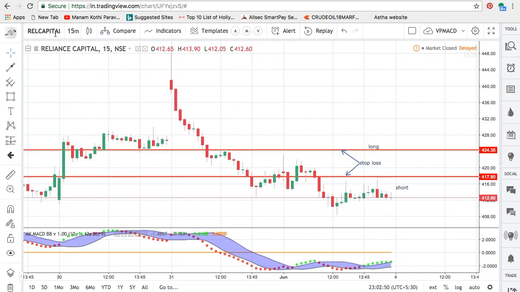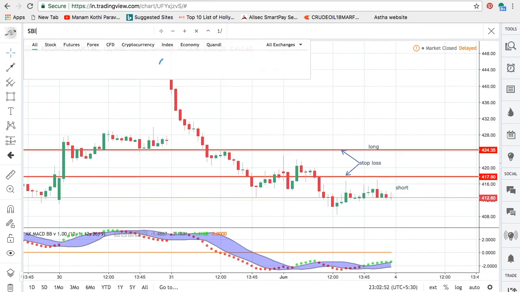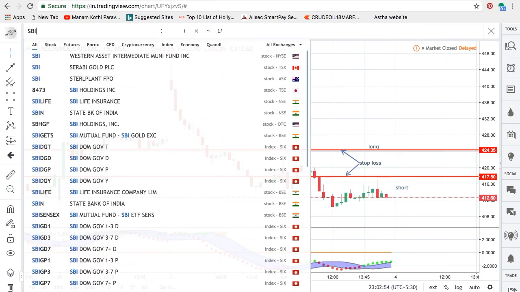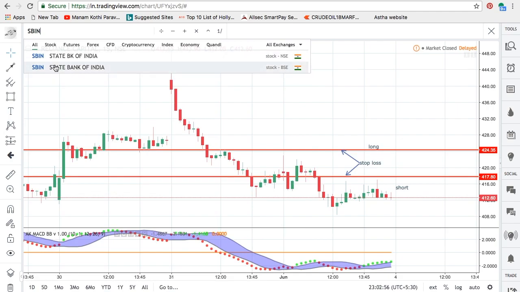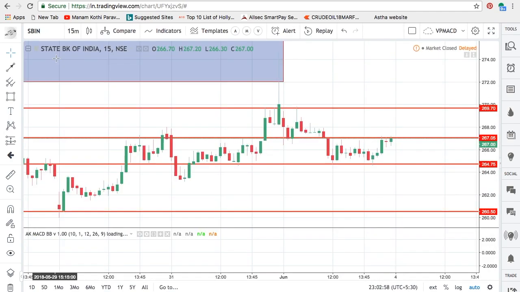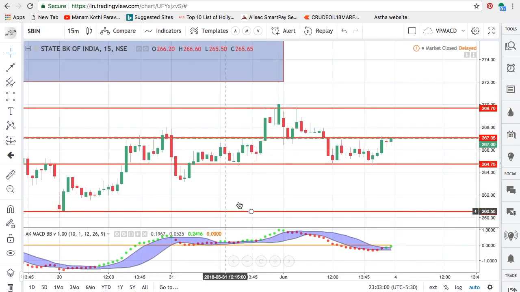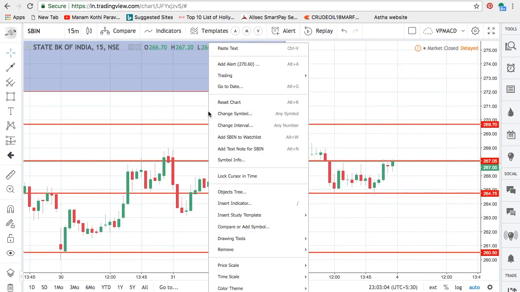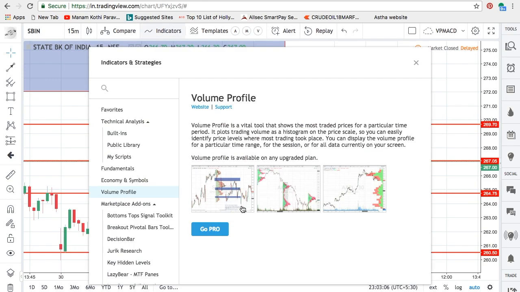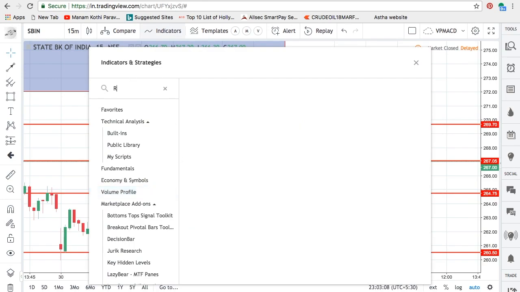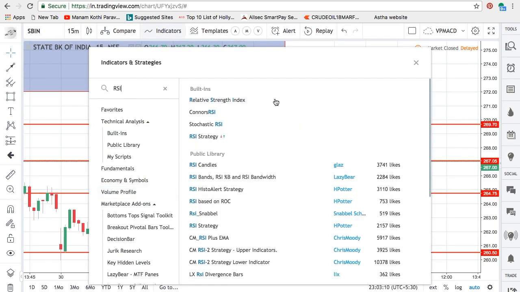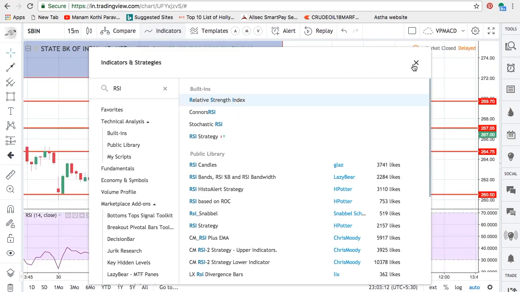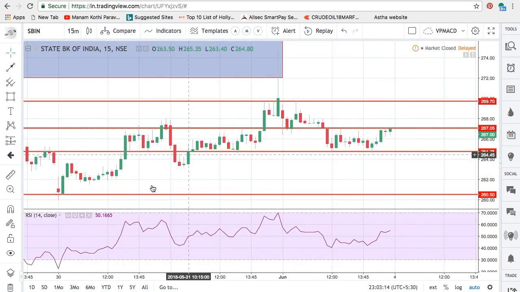I'll pick up a stock to give you an example as well. I will pick up SBI, and let's look at SBI. You can ignore the indicator I've placed at the bottom. I'll insert RSI. Give me a moment as I load this up. I've just marked these levels for intraday.